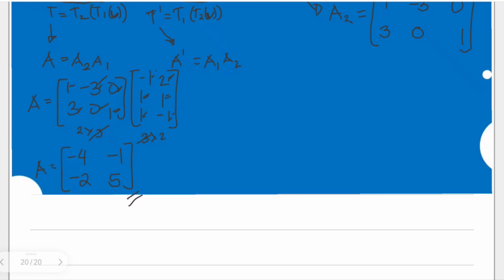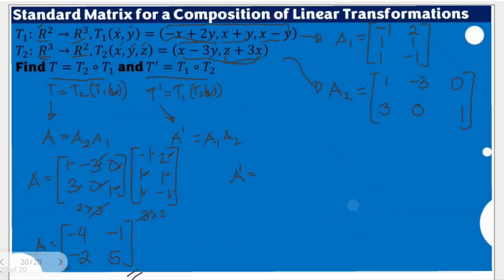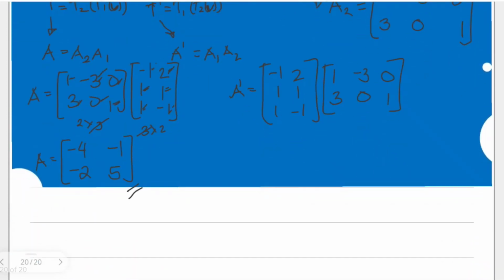That's correct already. Now for A prime, this is a product of A sub 1, which is a 3 by 2 matrix, negative 1, 2, 1, 1, 1, negative 1, times a 2 by 3 matrix, 1, negative 3, 0, 3, 0, and then 1. Take note, this is a 3 by 2 matrix, 2 by 3 matrix.